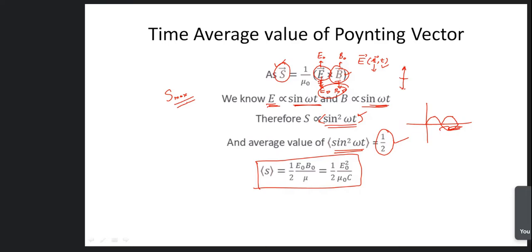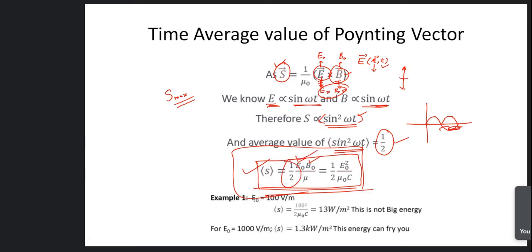So we take the time average over the time period, and then this is the expression for the Poynting vector in terms of E naught and B naught. Half is multiplied here due to the average values.